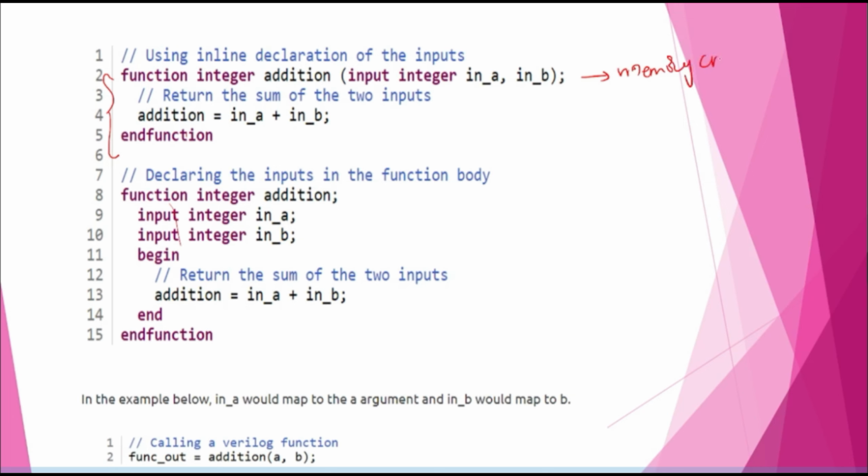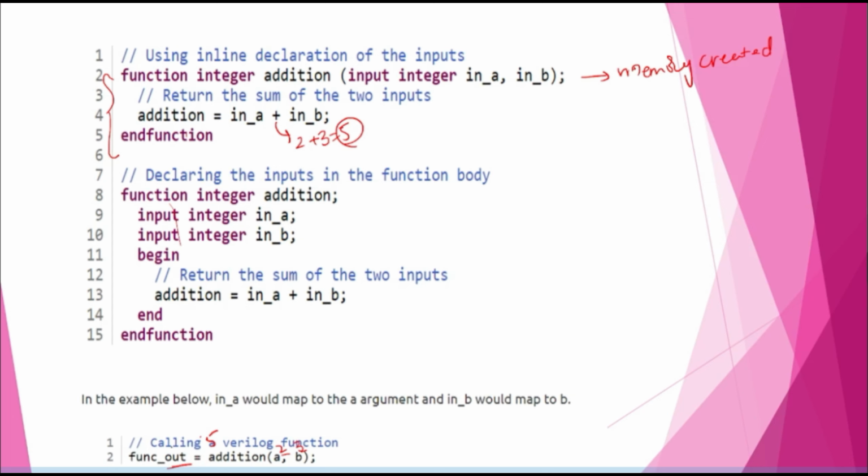So the memory is created, and now what happens when you are calling this function? For example, I'm giving the values of a and b as 2 and 3. Now, as soon as I give a and b as 2 and 3, it returns me some value. What is it returning? Since it is an addition operator, 2 plus 3 is 5. So 5 is returned here. I am assigning this 5 value to function out.